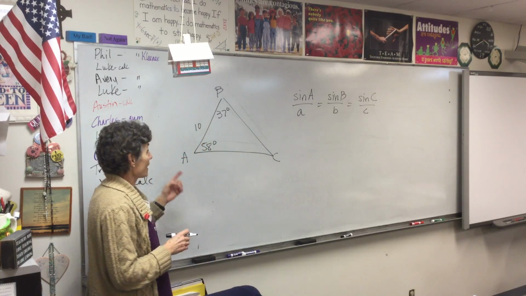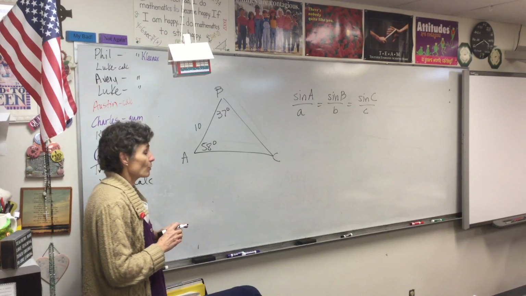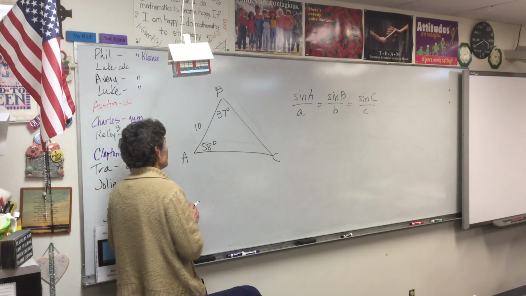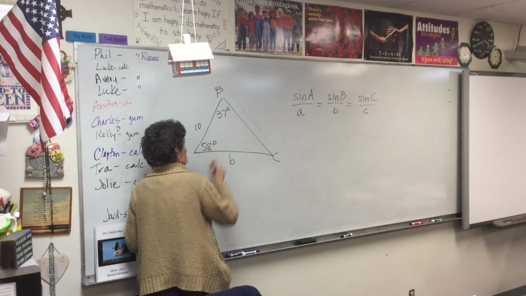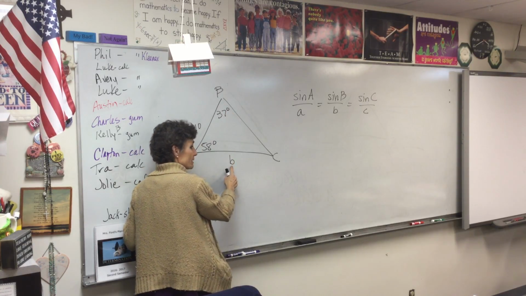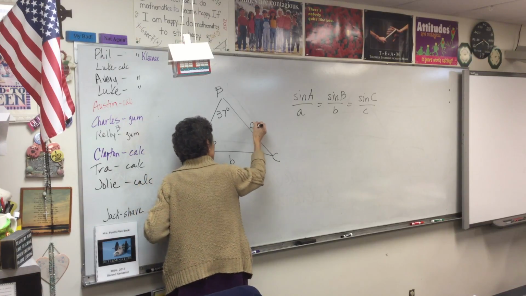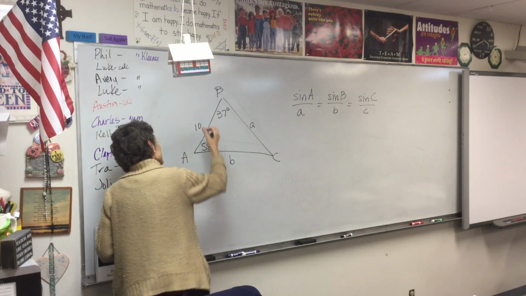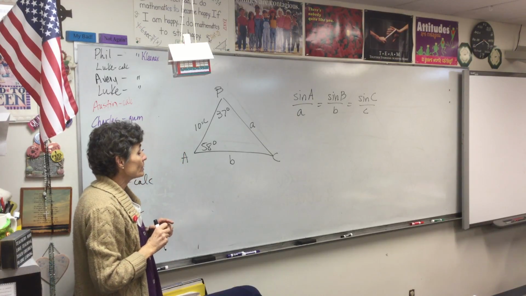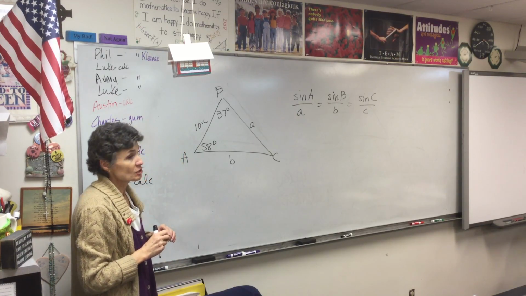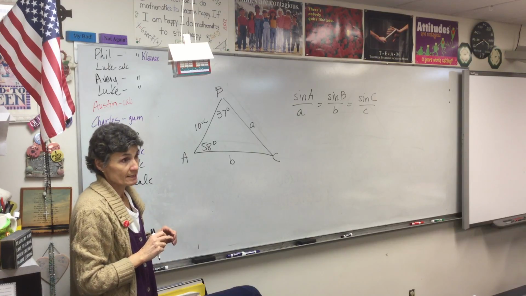So, take a look at the picture I have. Remember that in a triangle, sides are labeled across from their angles. So this would be side B, and this would be side A. And this would be side C, but I already know what it is. Remember, we use capital letters for angles and small letters for sides.